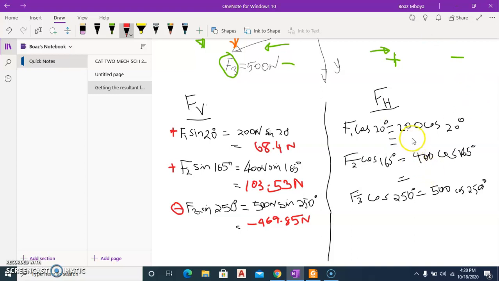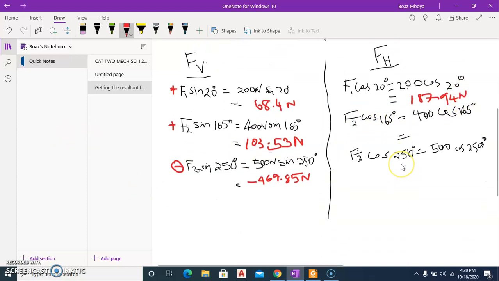That will give us 189 point, sorry, it should be 187.94 newtons.